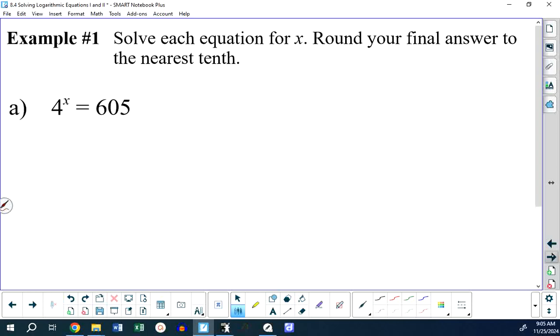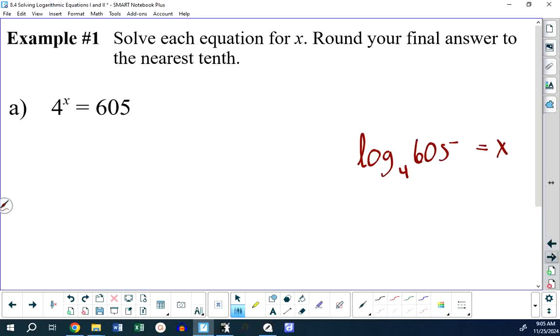Now, this question is very simple, and you could solve it by just converting it into logarithmic form. Right? If I say 4 to the x equals 605, that means log base 4 of 605 is equal to x.